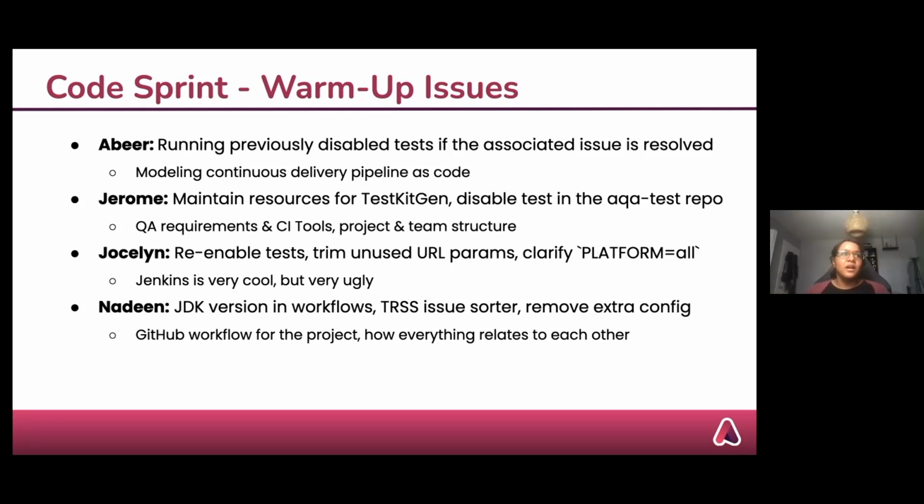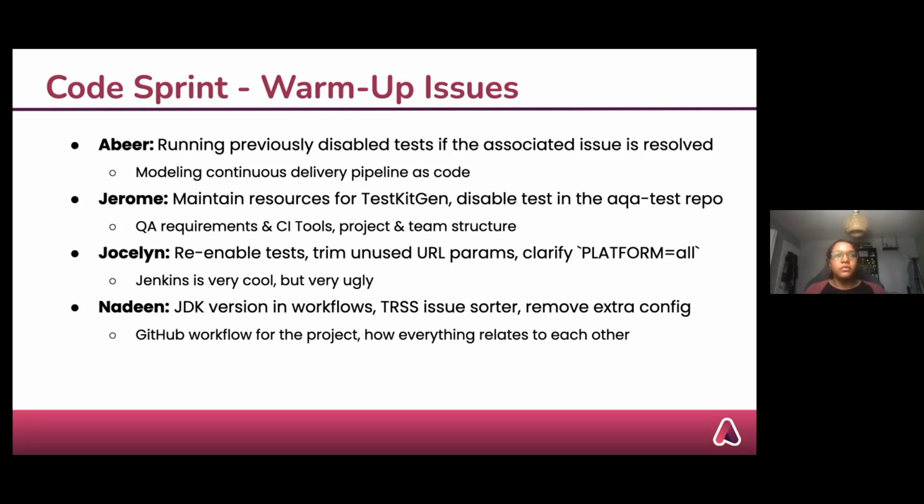Yeah, so I worked on updating the workflow versions for GitHub Actions to include the latest or the LTS, long-term support, JDK versions. I also worked on adding a sorter to the TRSS top-level view that sorts it by issue status, open or closed.